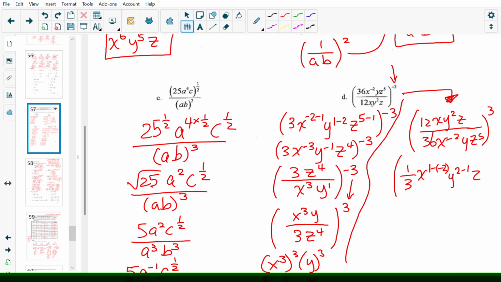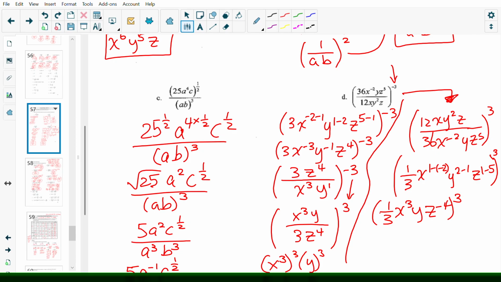And Z to the 1 minus 5. Okay. And that's all to exponent 3 on the outside still. 1/3. That's x to the 1 minus -2 is x to the 3rd. y to the 2 minus 1 is y to the 1, and z to the negative 4, all cubed.